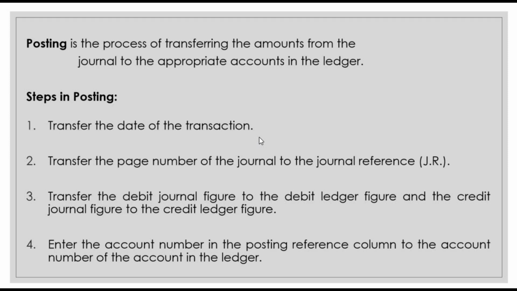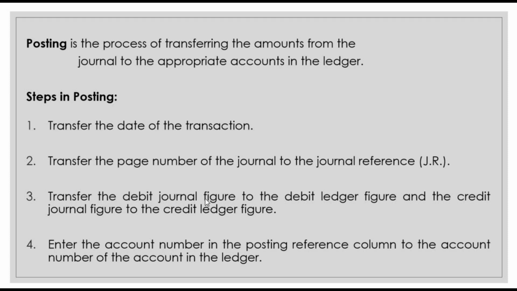When you do posting, you start with the journal, and then each of the transactions in the journal will be transferred to the ledger. Second, you transfer the page number of the journal to the journal reference, or what we called the folio in our form earlier.